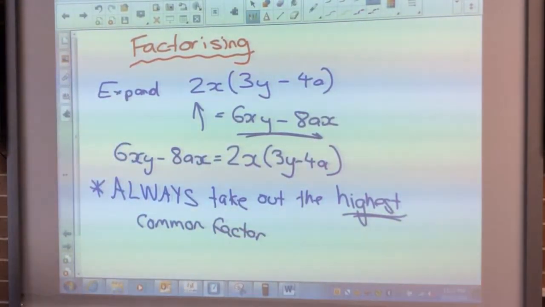And as we've seen in that short example, the highest common factor is not always just a number. Sometimes it's a letter as well, and sometimes it's both numbers and letters. So whatever is the highest thing that's common must be the thing that's factorised out the front.